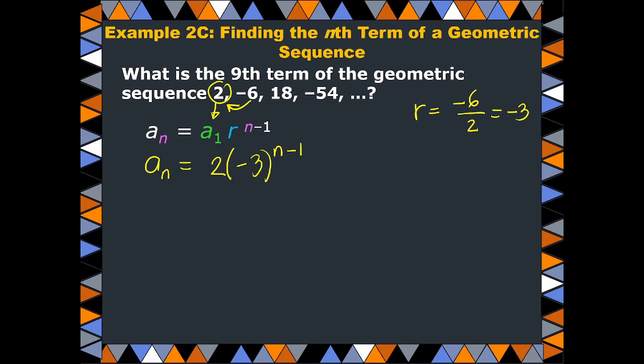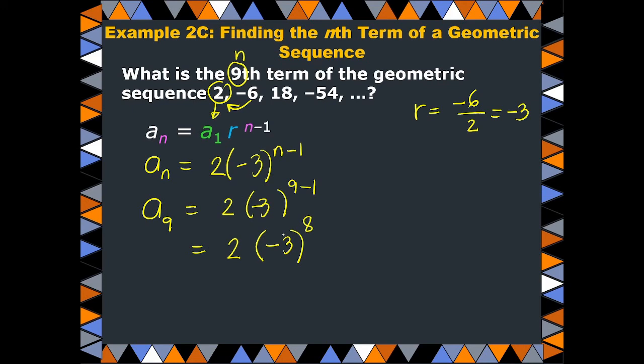So take note, this is our explicit formula. Now, what is the value of n? Sir, the value of n is 9. So I'm going to substitute 9 for n. This is 2 times negative 3 raised to 9 minus 1, which will give us 2 times negative 3 raised to 8.